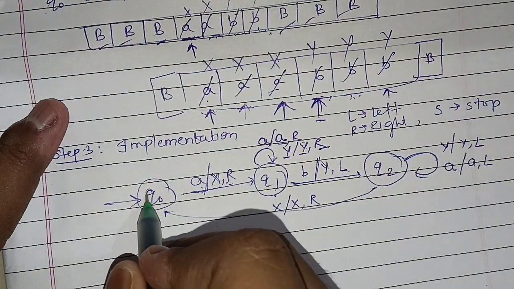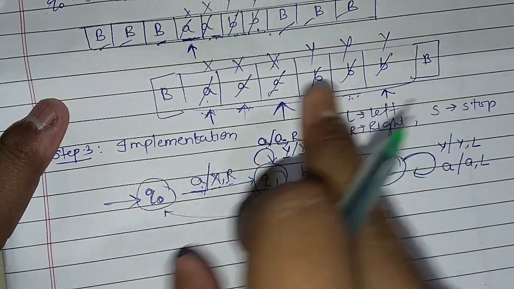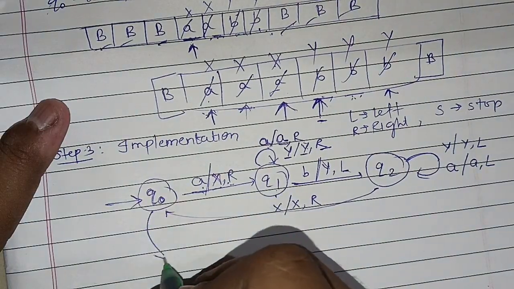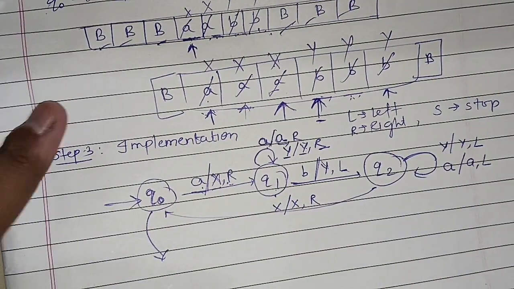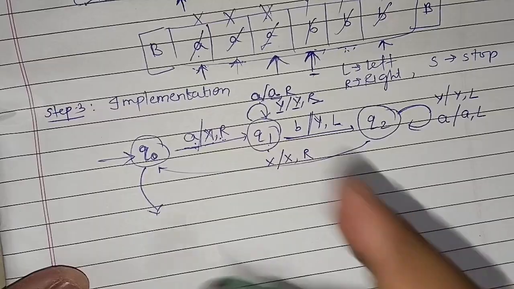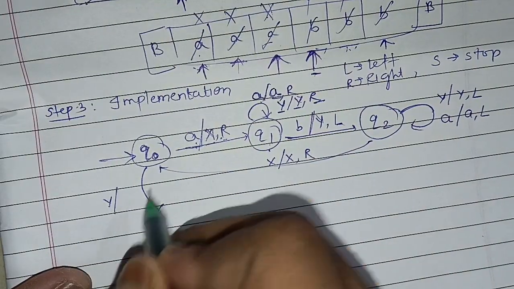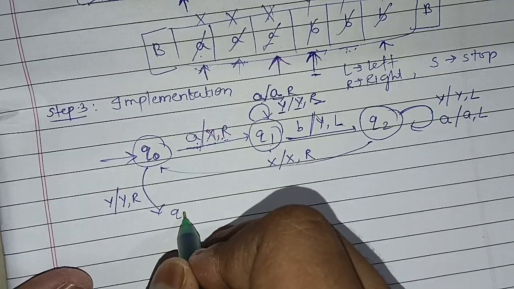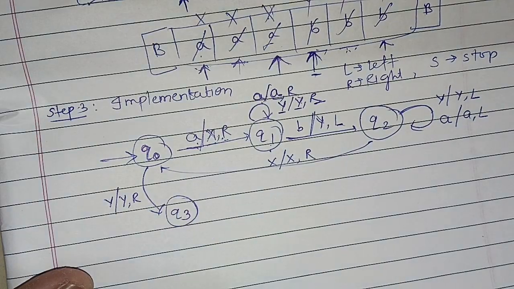What I will say, if in q0 I am getting this y, means there are no a remaining. What I will do, I will say if there is y, keep it y and move right and go to q3.